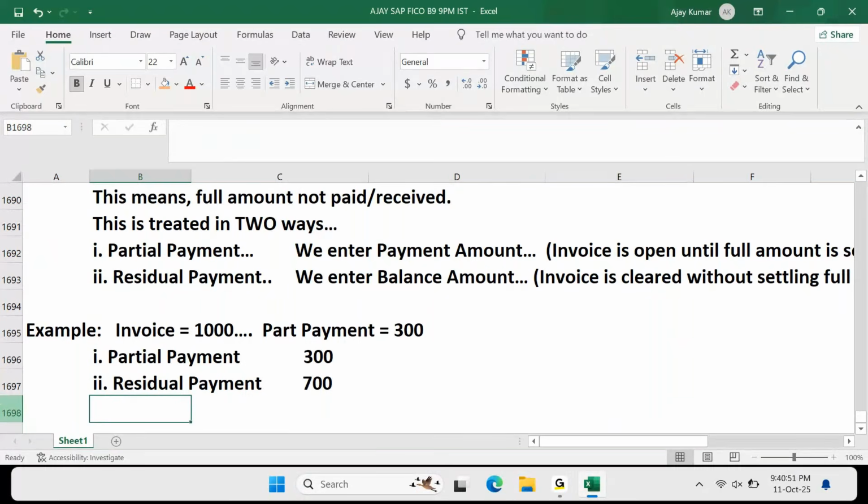Now there is a difference between these two, right? When you talk about partial payment, you will enter the payment amount, whatever amount that you received or you paid. When you talk about residual payment, you will not enter the payment amount. Instead, you will enter the balance amount. If your invoice value is 1000, your payment amount is 300, instead of entering 300, you will enter 700.